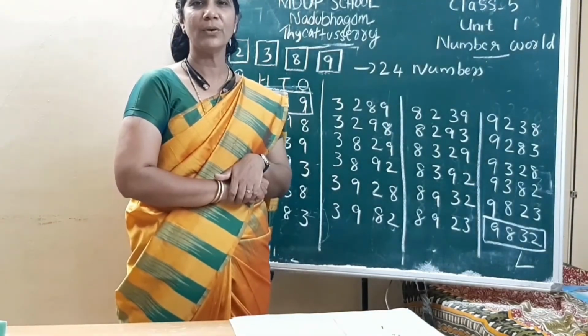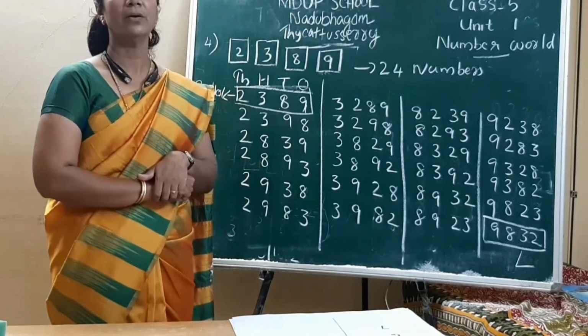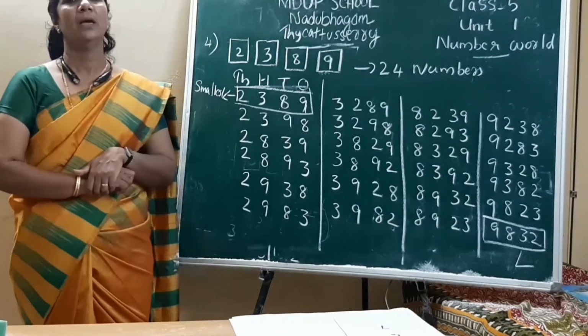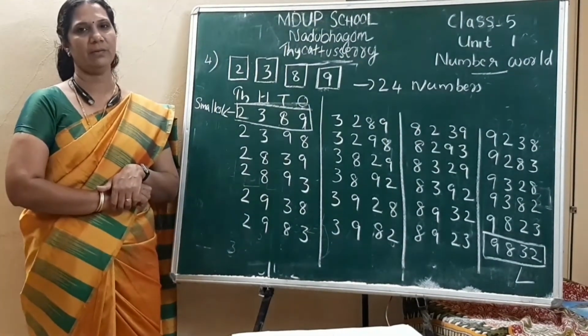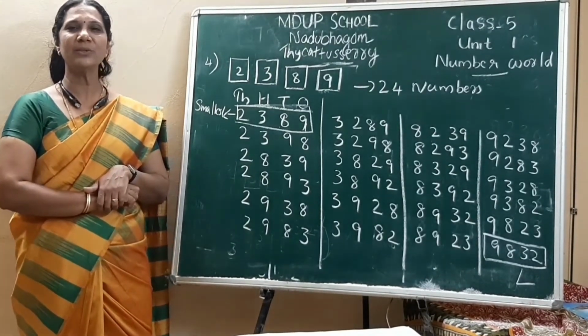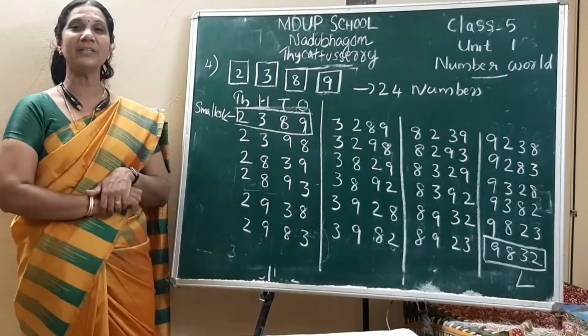Okay, all of you? Now, if you get a question like this, how many five-digit numbers are possible with the five digits? Is it easy to write those numbers? Okay, it is possible, but it will take time, no?